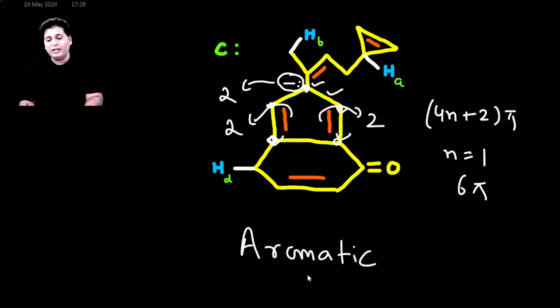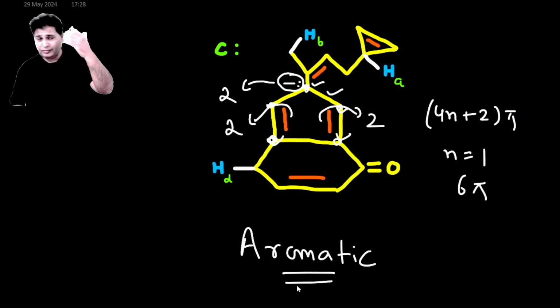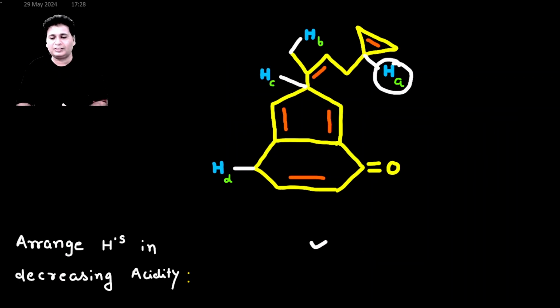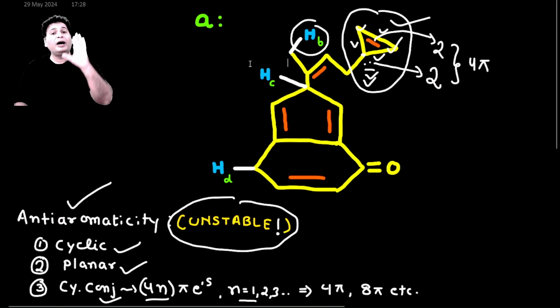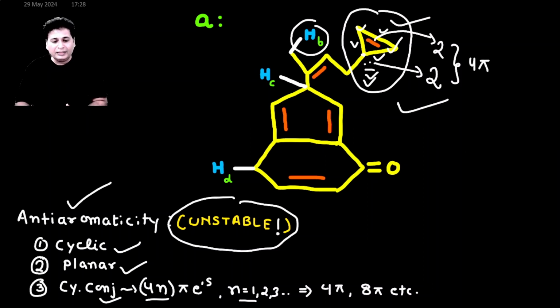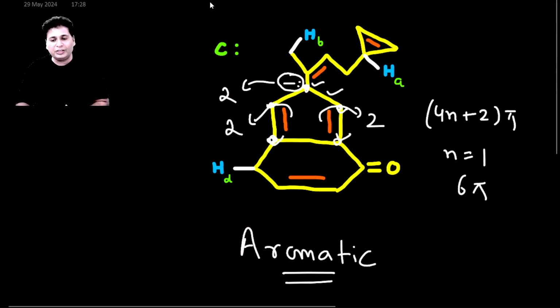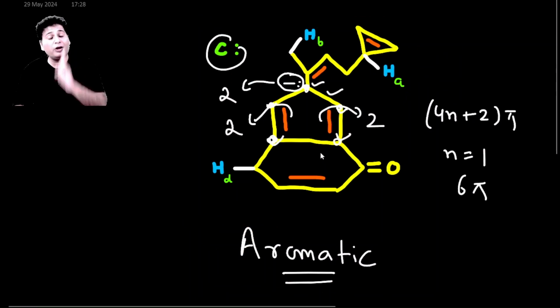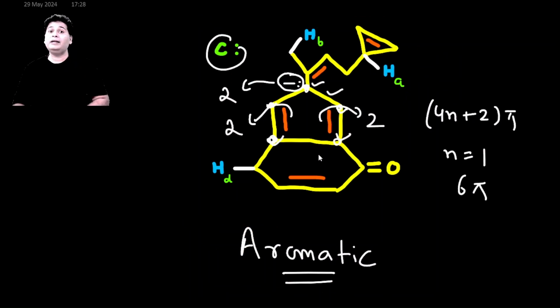So in the previous slide, when I removed the hydrogen number A, you got a ring which was anti-aromatic in character. However, in this particular case, the hydrogen number C, after the removal of hydrogen, you are now getting an aromatic character in the system, and that is a very superior character, you should understand.